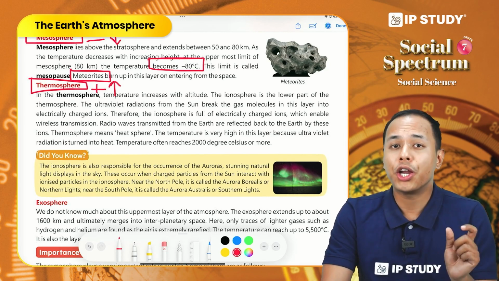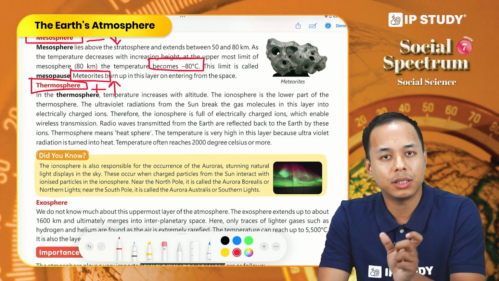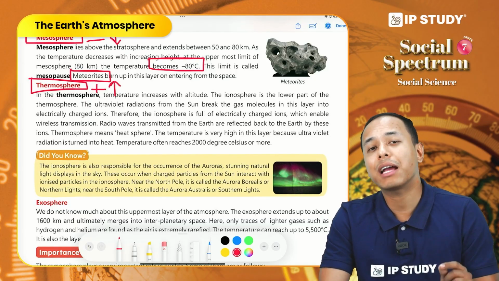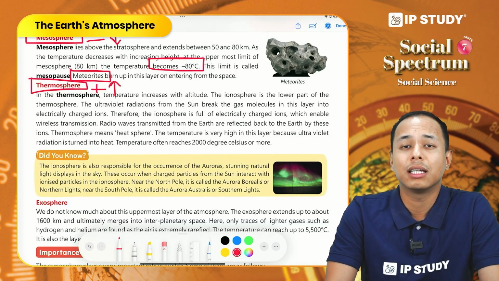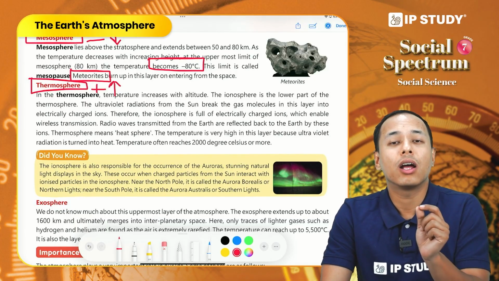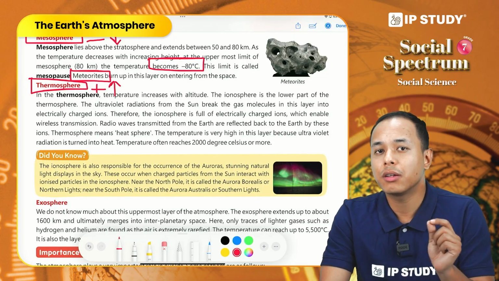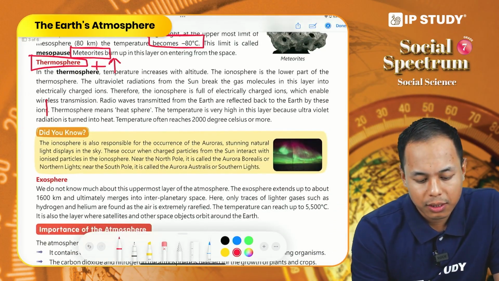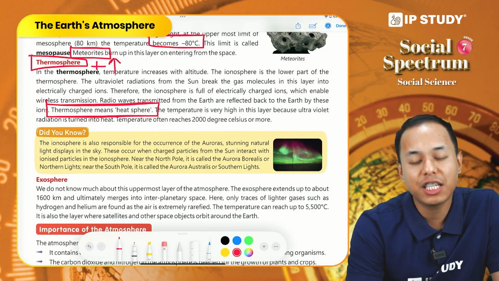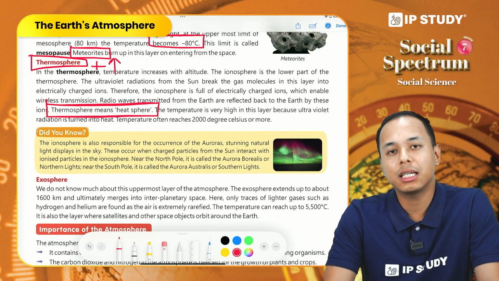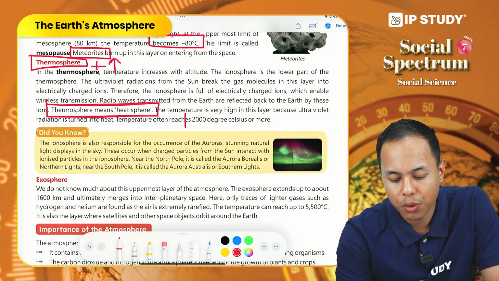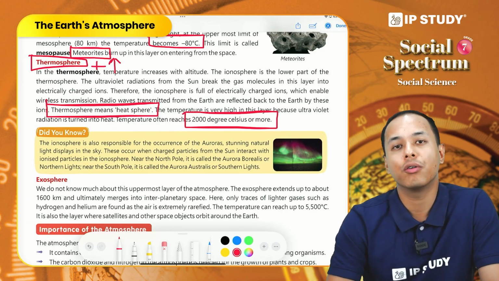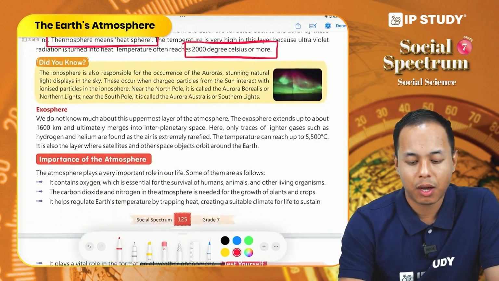This means that the radio waves transmitted from the Earth's surface are reflected back by these ions, and it helps in long distance communication. Thermosphere also means heat sphere, and in this layer the temperature can reach almost 2000 degrees Celsius or more.